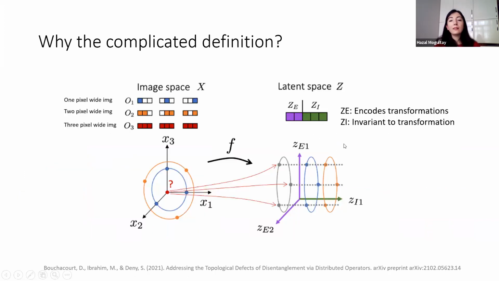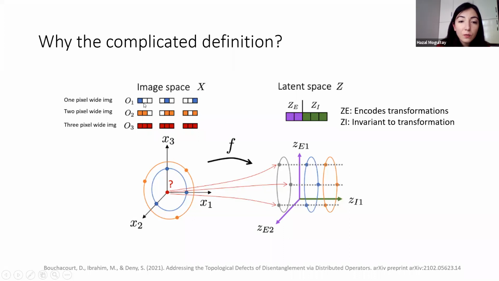So why did they make such a complicated definition? They give this example. Let's assume we are working on only 3-pixel images. So the first row consists of 1-pixel-wide images, 2-pixel-wide images, and 3-pixel-wide images.